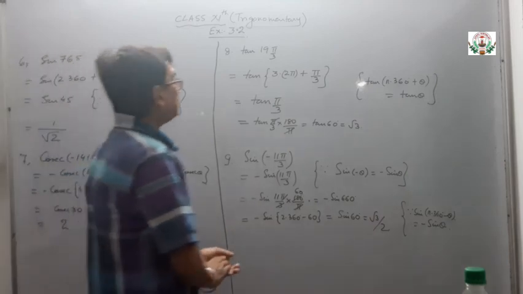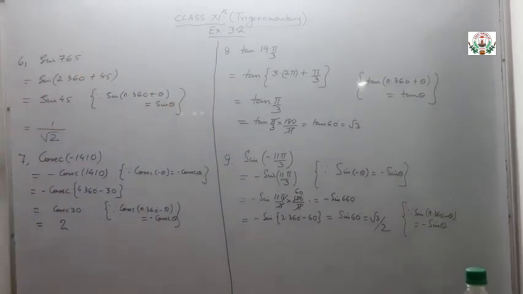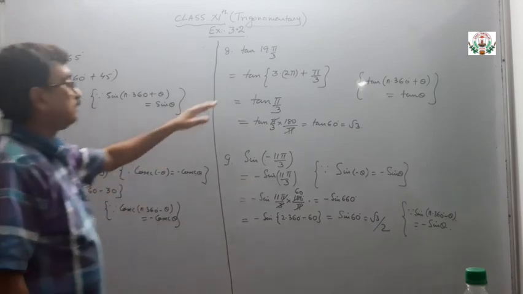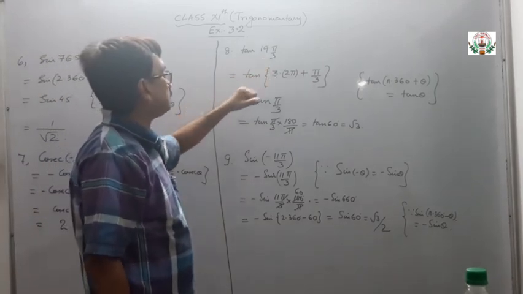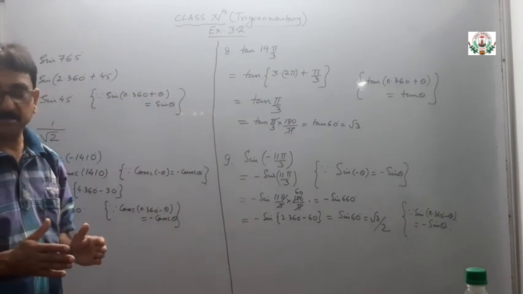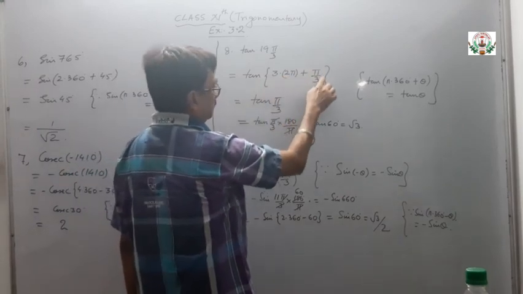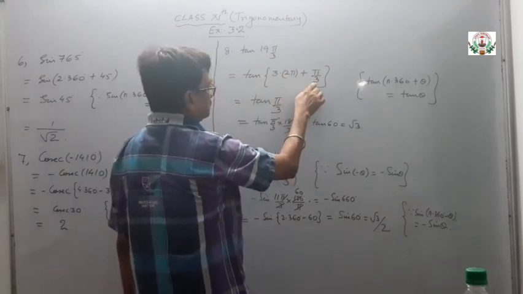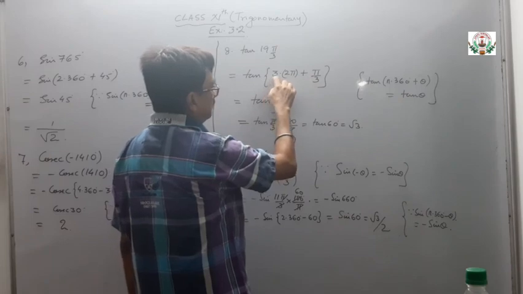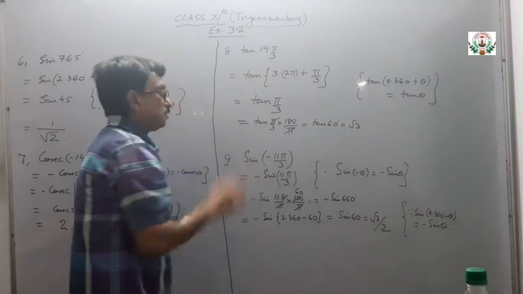Next comes tan 19 pi by 3 and sin minus 11 pi by 3. I have solved them by two different methods. You can see tan 19 pi by 3 can be written as 3 into 2 pi. 2 pi is 360 degree. 3 into 2, 6 pi plus pi by 3; when we take LCM, 6 into 3, 18, 18 pi plus pi, 19 pi upon 3.